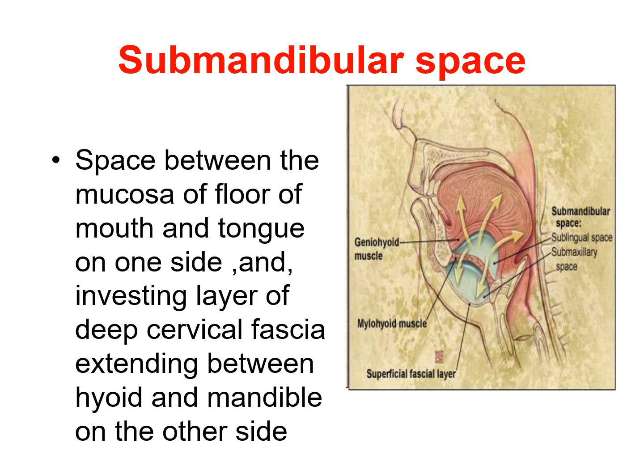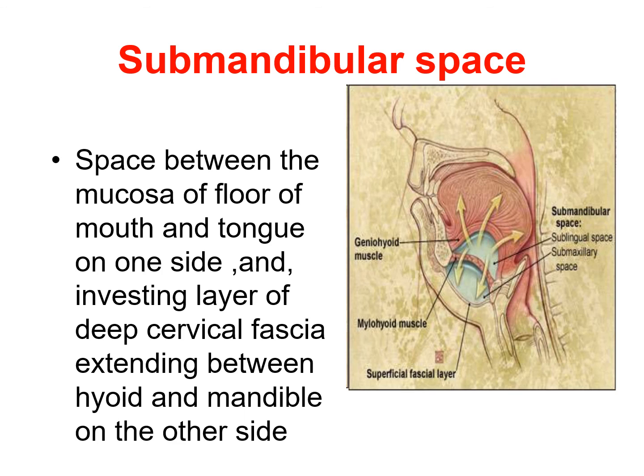The submandibular space is basically the space between the mucosa of the floor of the mouth on one side and the investing layer of the deep cervical fascia on the other side. This investing layer extends between the hyoid bone and the mandible and the floor of the mouth. So, this is your submandibular space.